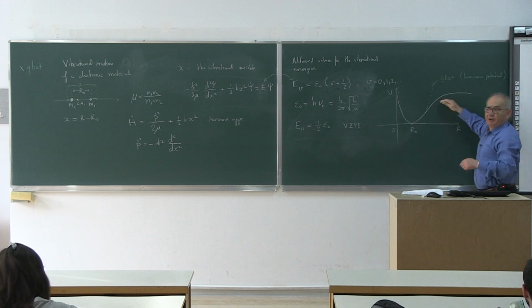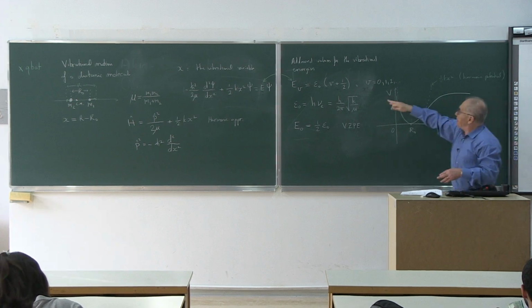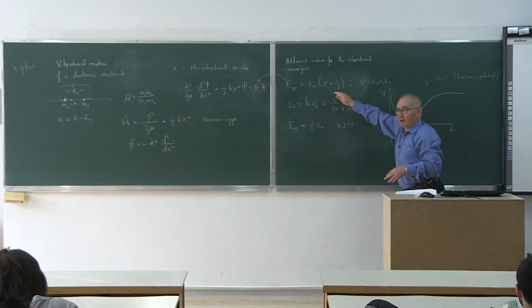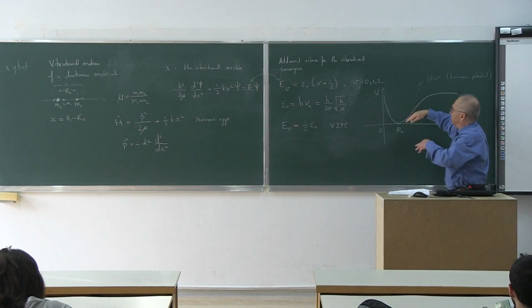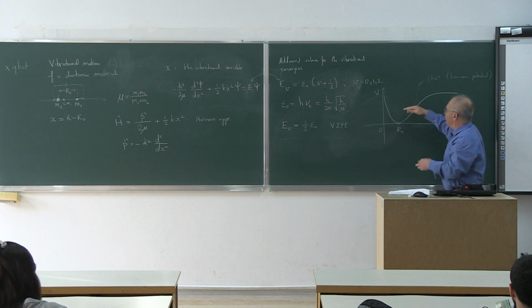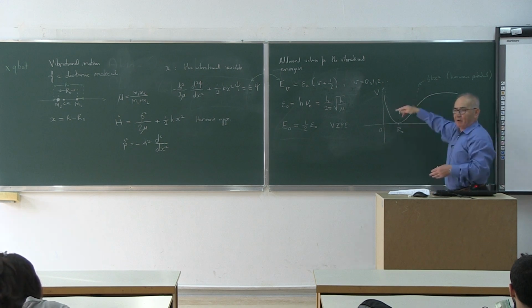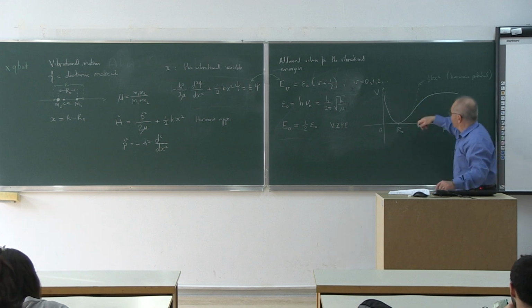This is the true potential. Now, our result for the allowed energies is obtained by taking the parabola for the vibrational potential energy function.